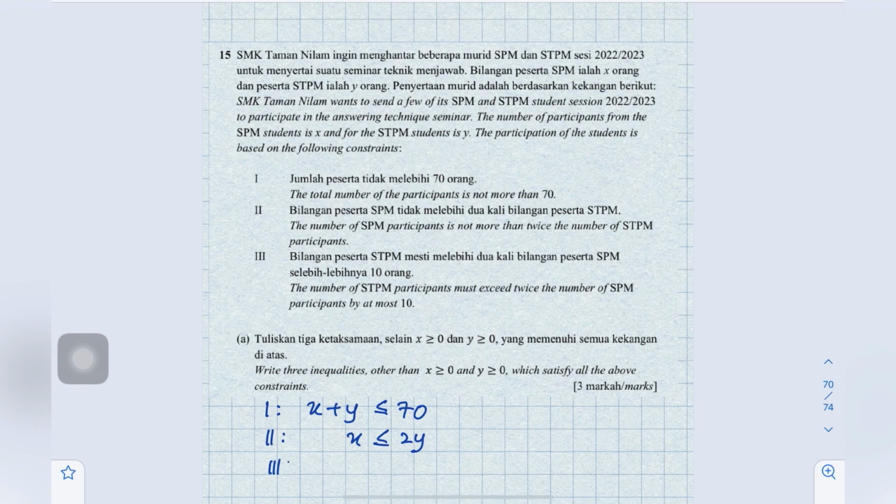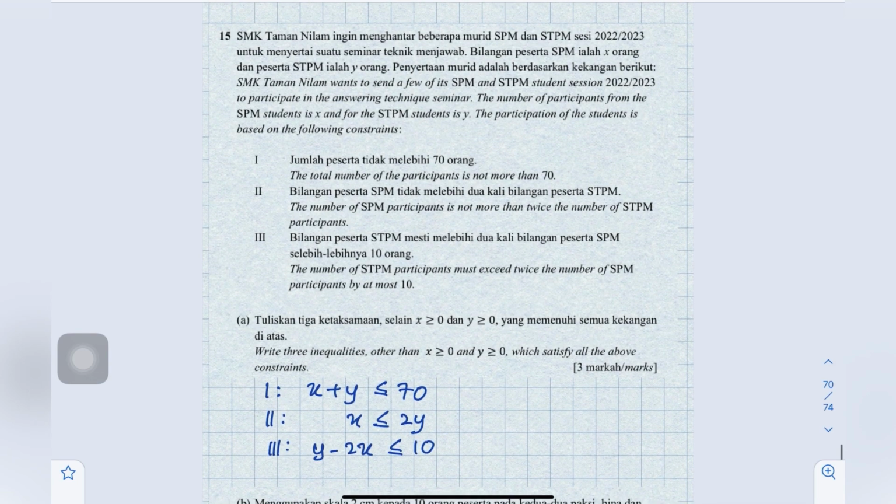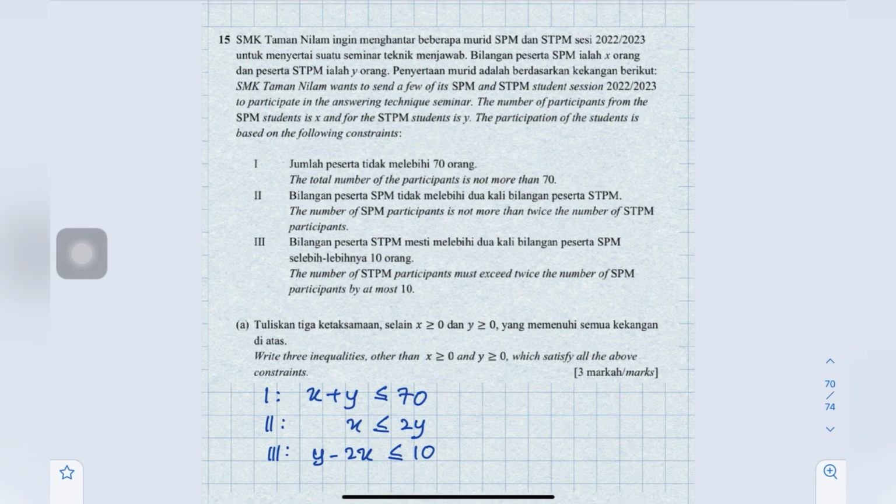And the last one, the number of STPM participants must exceed twice the number of SPM by at most 10, so y minus 2x less than or equal to 10. So these are the inequalities.